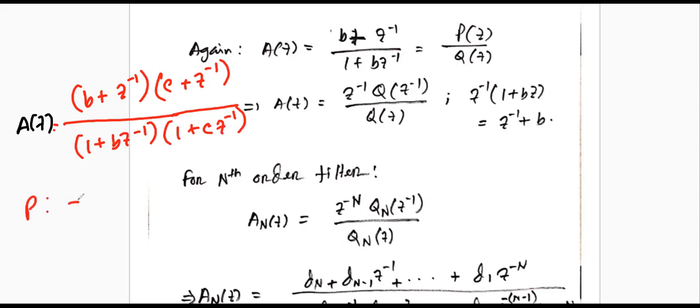The pole locations would be minus B and minus C, and the zero locations are minus 1 by B and minus 1 by C. That is the thing.